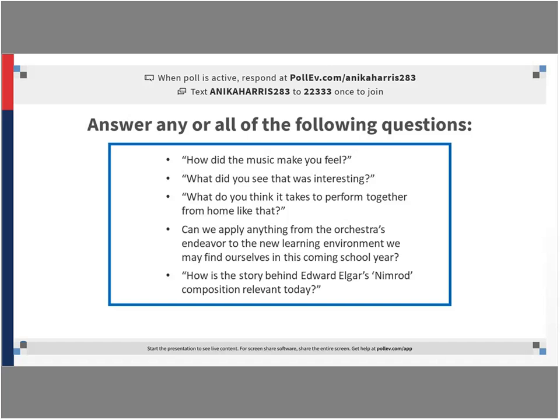And if you weren't able to hear it, what do you think it might take for musicians, say, who are all in their individual homes, to put a unified composition together and perform it through video? What does it take, and how can you apply that reflection to the upcoming school year?